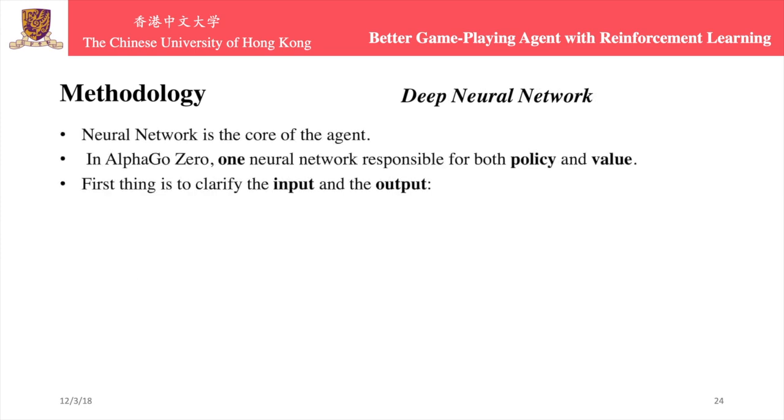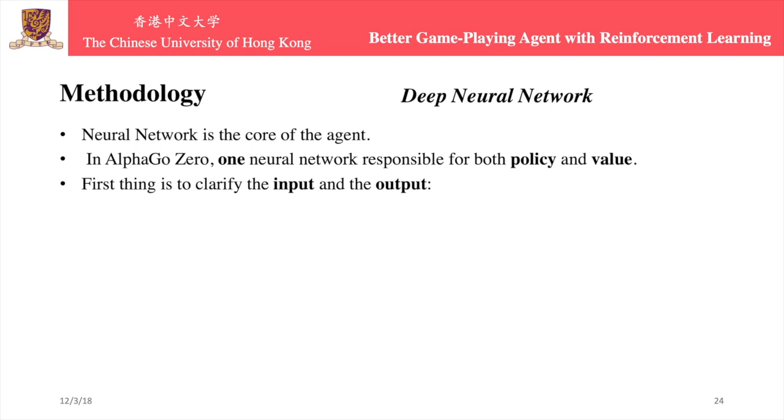So in the core of AlphaGo Zero, there is a neural network. In AlphaGo Zero, different from AlphaGo, there is only one neural network, and it is responsible for both policy and value.